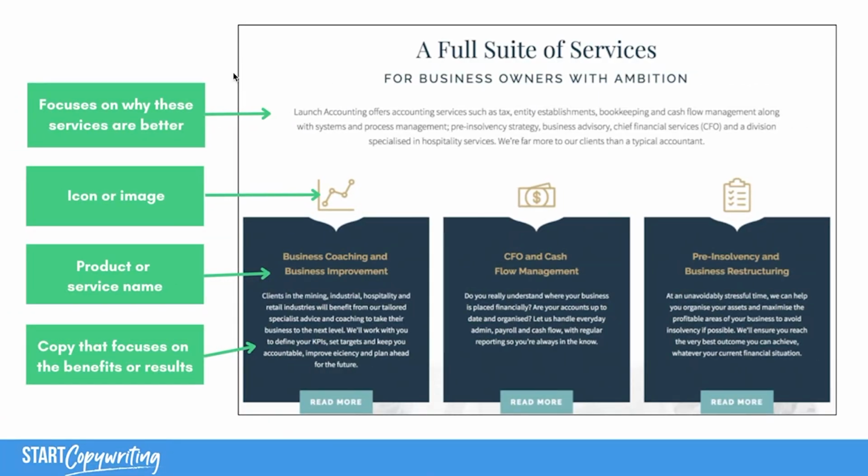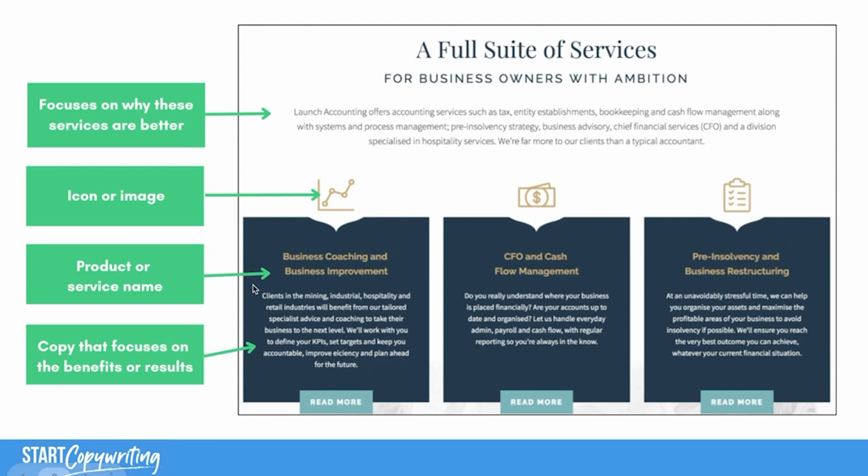So on this financial planning website, they offer many different services and they display them like this on their homepage. We've got the heading here that focuses on why these services are better than the competition, how they're different. We've got an icon for each of the different services that they have. We also have a product or service name, so you want to list out the names of each of the services here.